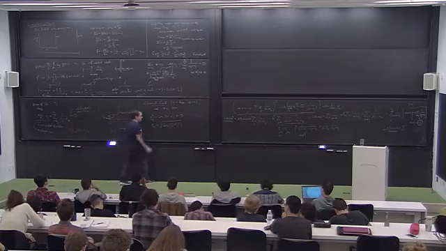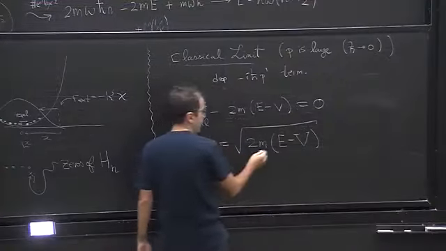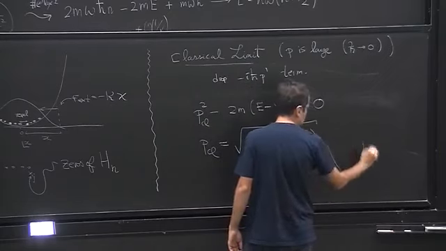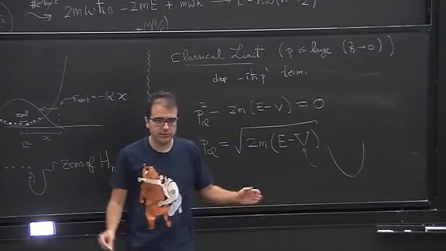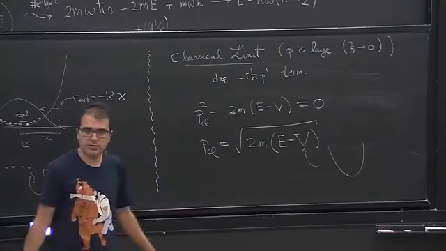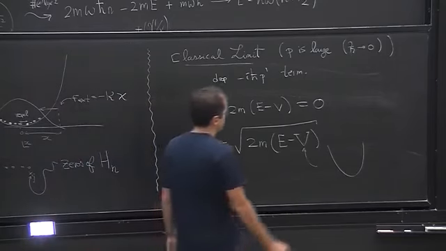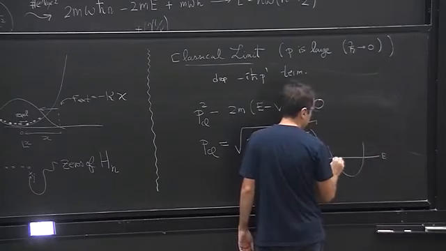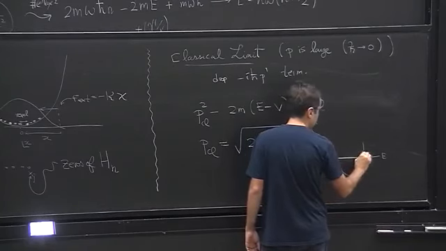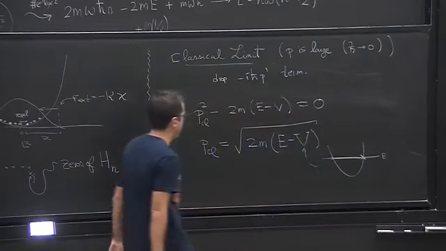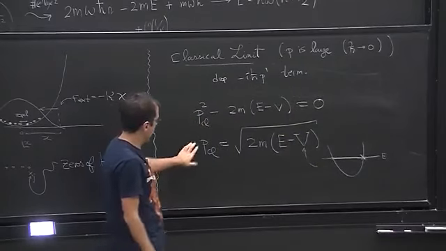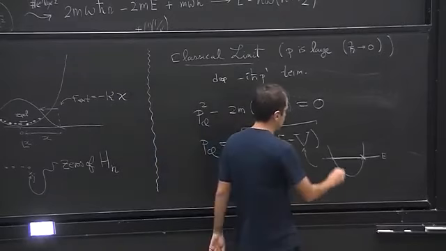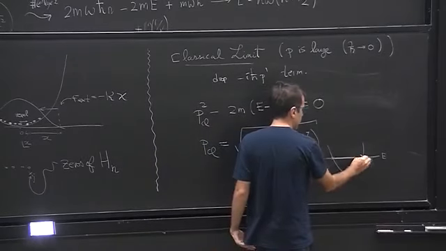Okay. So which means that if your potential is something like this, it can be quadratic, but it can be anything. It can be a cosh, for example. Then at some point it's equal to the energy E, and there is some segment here. Right? And now my P classical is a function which has a cut between these points called the turning points.